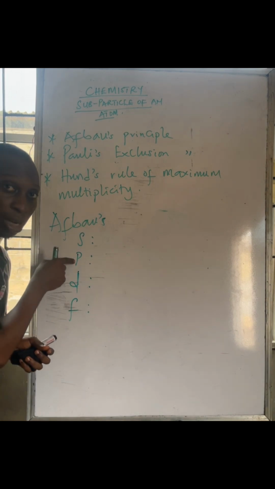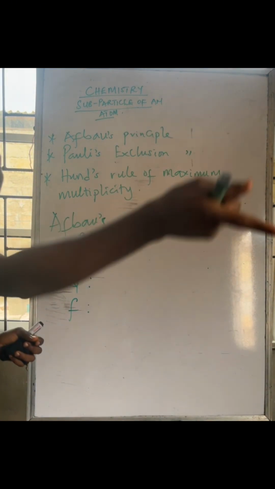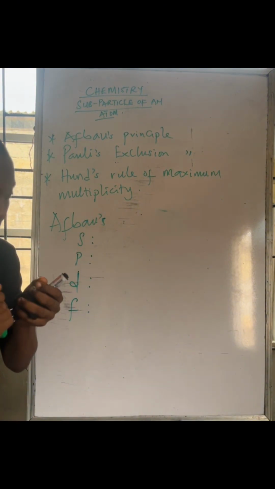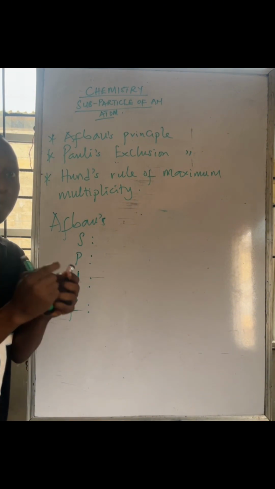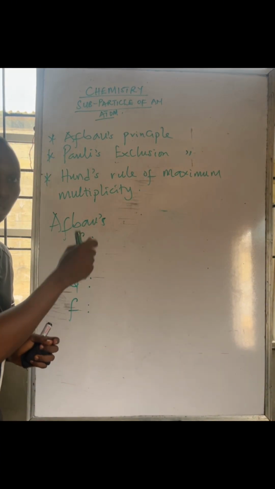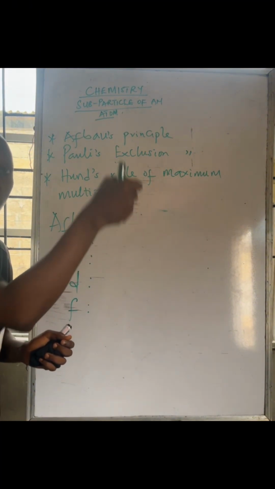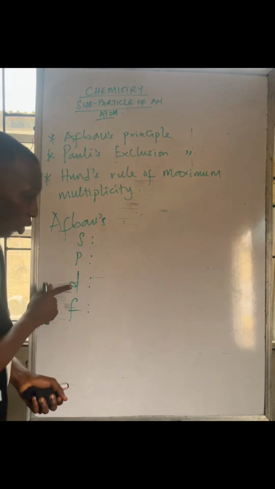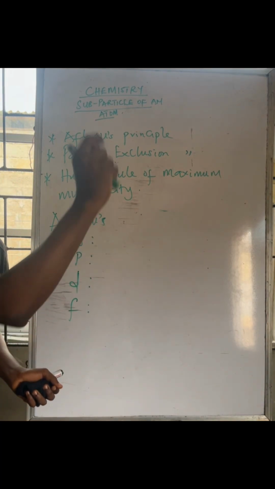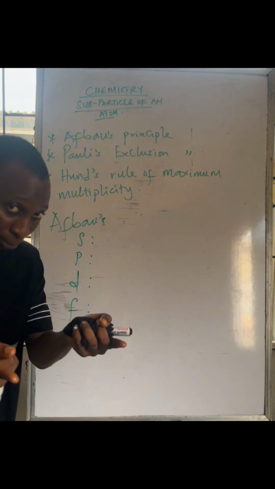The p orbital is called principal, and it has a dumbbell shape, or a bilobe shape. The d orbital is called diffuse, and it has a double dumbbell shape or a cloverleaf shape. Then the f orbital is called fundamental, and it has a complex shape.